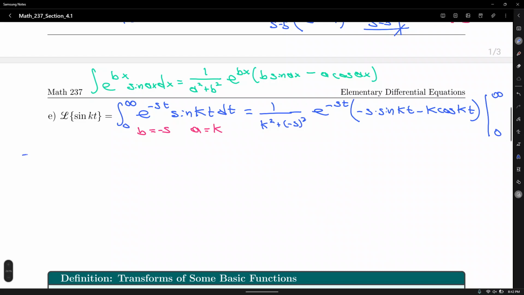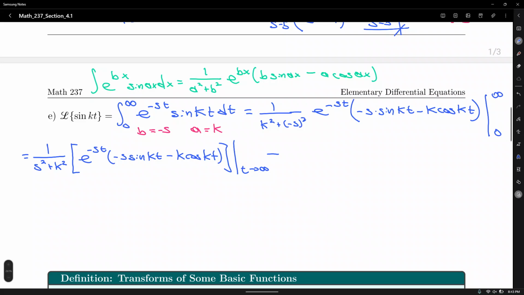This is equal to 1 over s squared plus k squared times, on the one hand, e to the negative st times negative s sine kt minus k cosine kt, and I'm going to evaluate this for t approaching infinity.